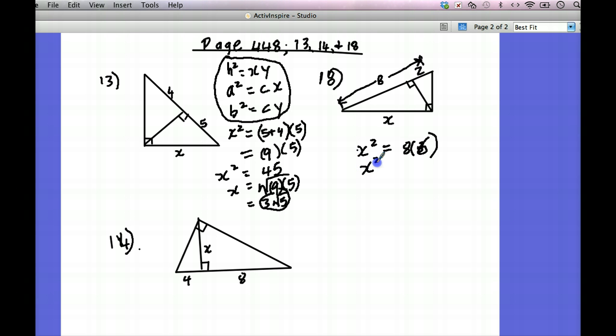X squared is equal to 8 times 6 is 48, or x would be the square root of 48. You can work that out. There are a couple of ways of doing it. You could do the square root of 48, or you could work it out as I've shown you.